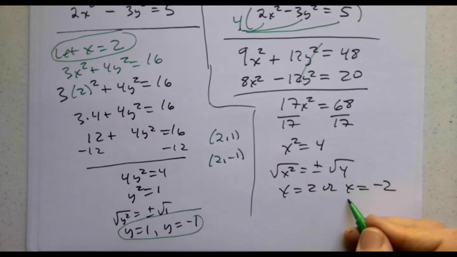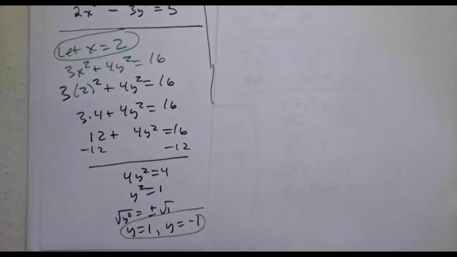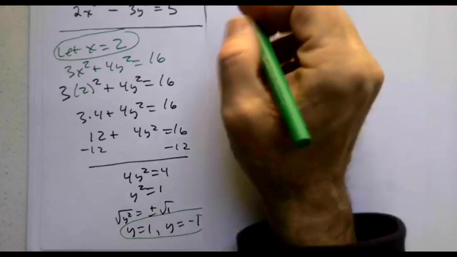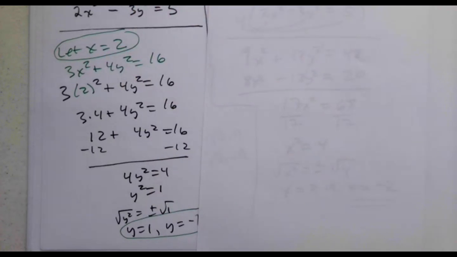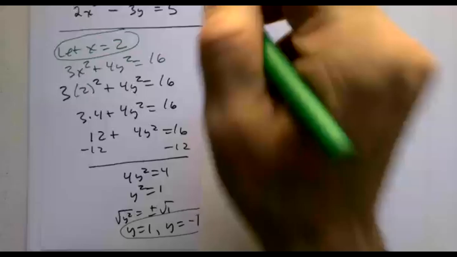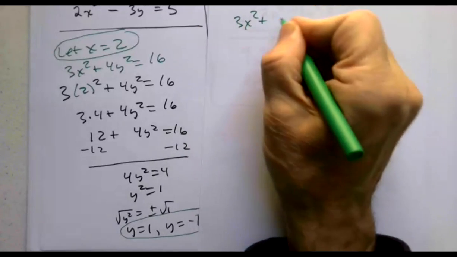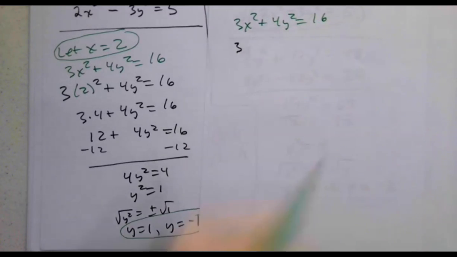But I also need the case where x is negative 2. So I've got to look at another example as my dog is snoring in the background. If x is negative 2, then what is my y value? So this time I'm going to say let x equal negative 2. We're going to use the same equation here. We're going to say 3x squared plus 4y squared is 16. And plug in the negative 2, and it'll look very familiar. It'll be 3 times negative 2 squared, which is positive 4.